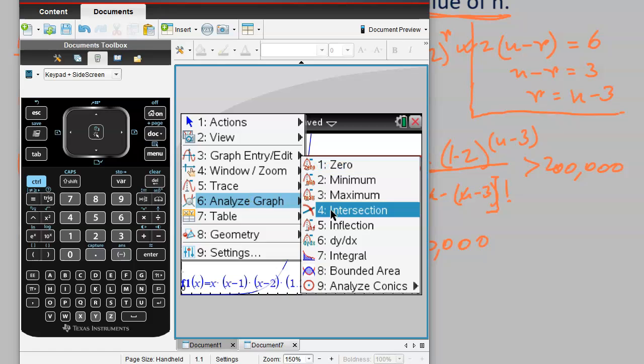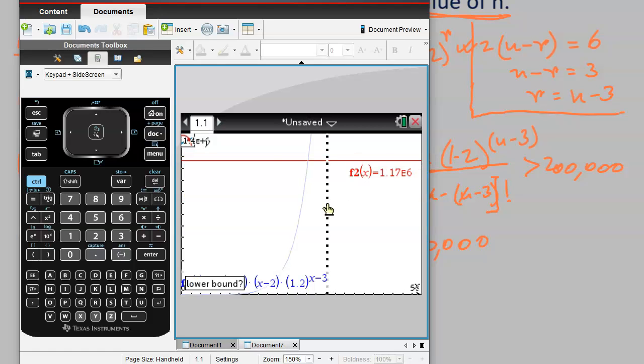Analyze graph and we come to intersection. The lower bound is this and the upper bound is this. We have got this one. You see, we are interested in the x value, or rather the n value. It is 26.4. 26.4 is the intersection point.